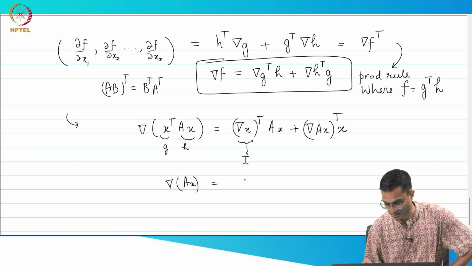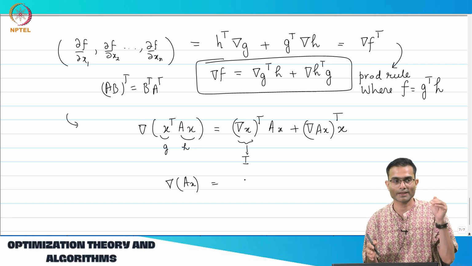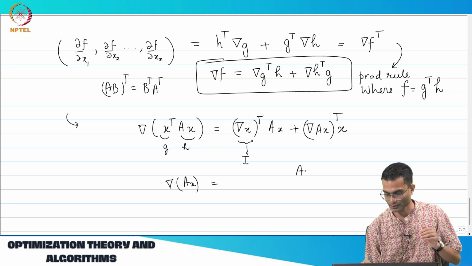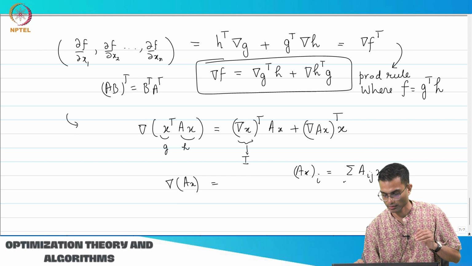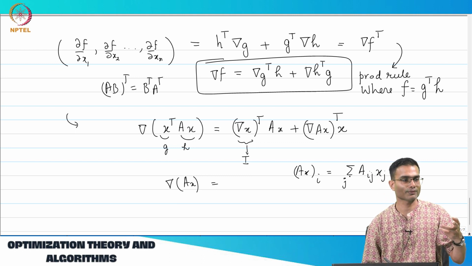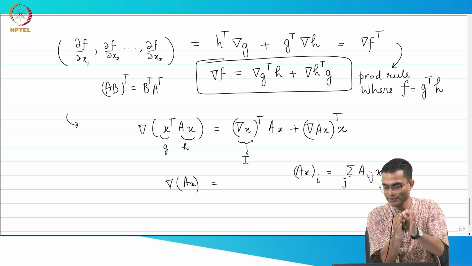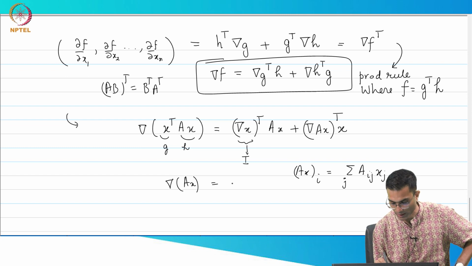If you open up the matrix, multiplied by x1 up to xn, and take the ith component of Ax, what is that going to be? Summation of a_ij x_j, where the summation is over j. Now if I take the derivative, what will survive? Only that one term, which is a_ij. Like this, I get back the entire A matrix itself. So grad of Ax is going to be A.